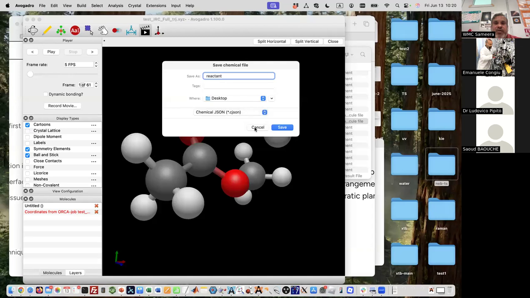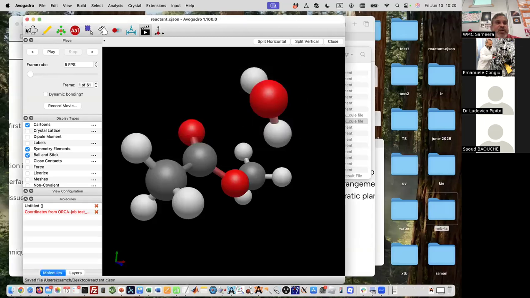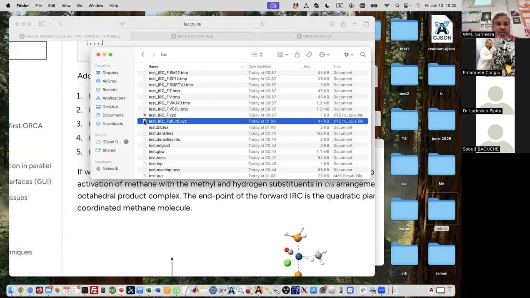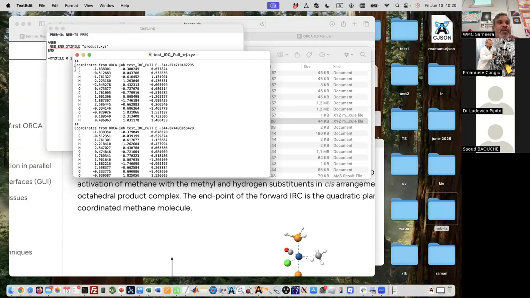I cannot save this as an XYZ file. Anyway, it's okay. Well, you can do it like this. Here we have the reactant structure. So we can take this reactant structure.